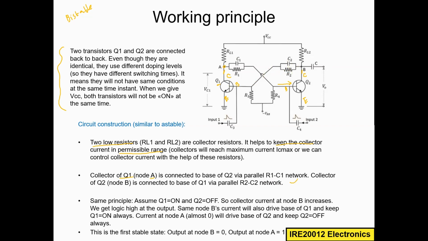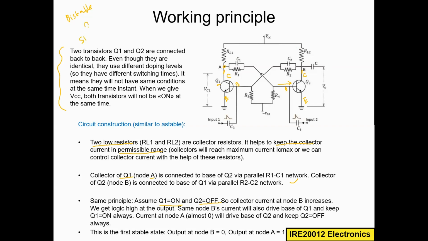This is the second point, and then the third point. Same principle: we apply the supply voltage. We assume Q1 is on and Q2 is off. Maybe we can make a small table for step 1.